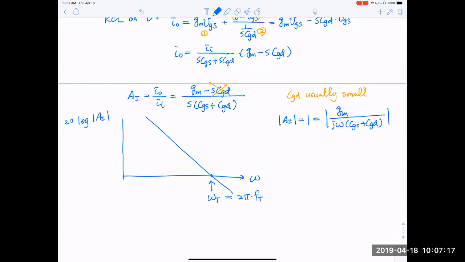So it's kind of straightforward to get omega t is gm over (Cgs plus Cgd). Okay. If you want to further simplify, you can just say this is gm over Cgs, because Cgd is usually much smaller than Cgs. So this is a fundamental frequency response of a transistor.